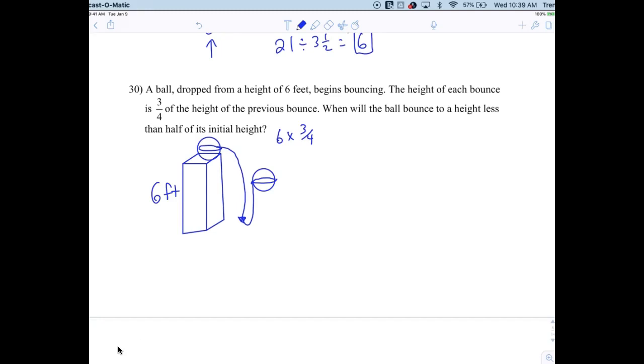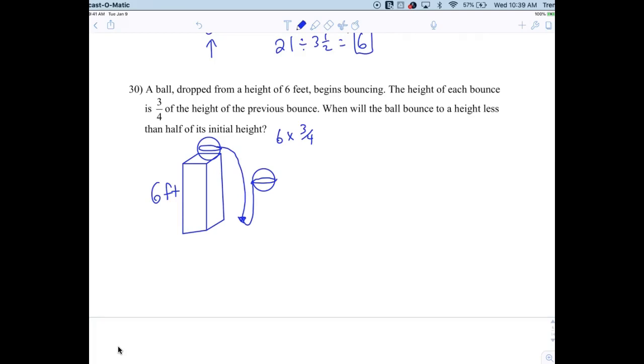Why would you multiply? That's a very good question. So listen to me again. I'm really trying to help you understand because some people are losing not the operation. So I'm going to show you how simple it is. Let's say, for example, the ball was 20 feet, and I said every time it hits the ground, it comes up half its height. So if it was at 20 feet, how high is it going to come up? How did I get that?